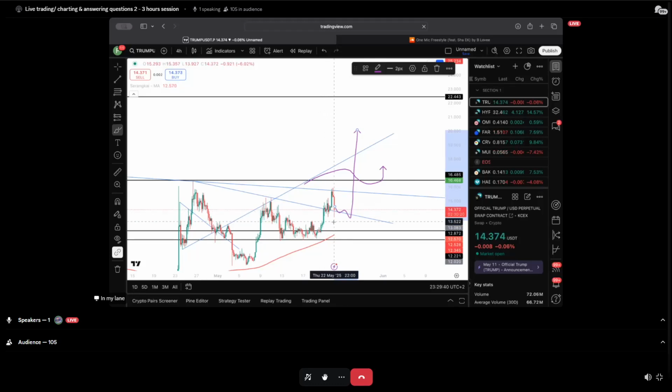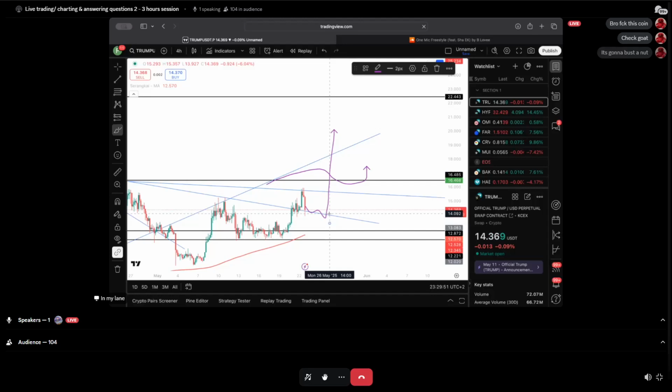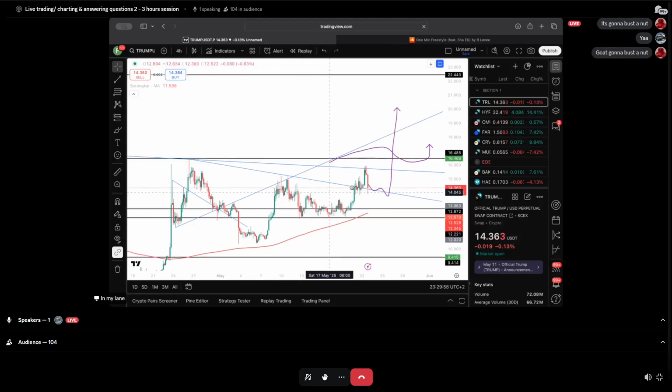If you want to long it, you can place your stop loss. It's gonna be a hard stop loss, like 10% away. It's up to you. Personally, I would wait for a bullish close on the 4H before longing.